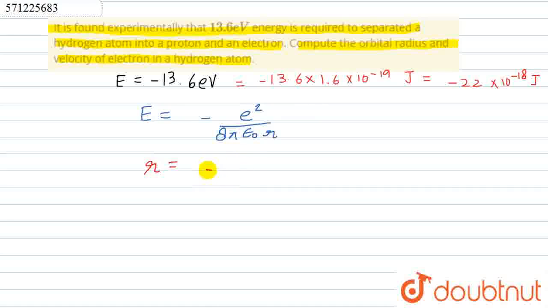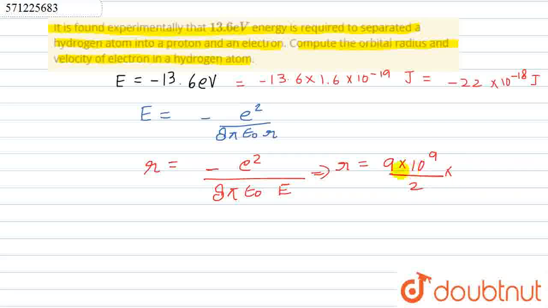So we get r equal to minus of e square upon 8 pi epsilon naught E. So here r is equal to 1 upon 8 pi epsilon naught, which is 9 multiplied by 10 to the power 9, upon 2, multiplied by, there is minus, and we'll put minus over here.